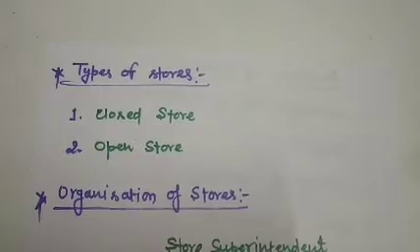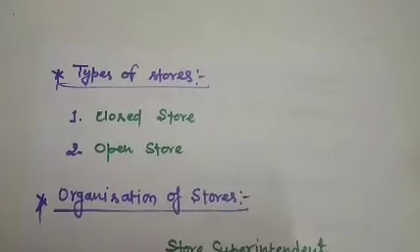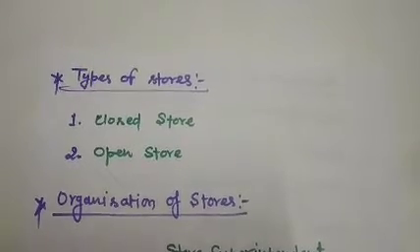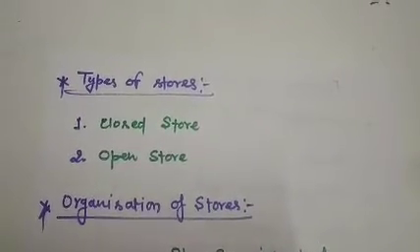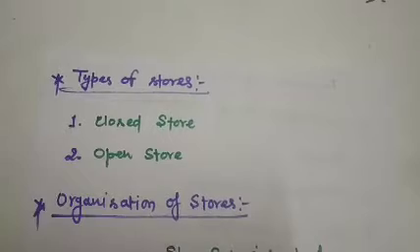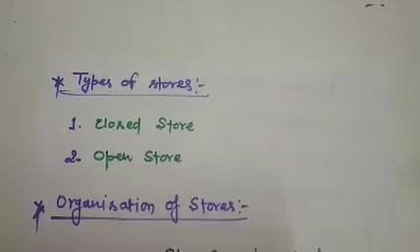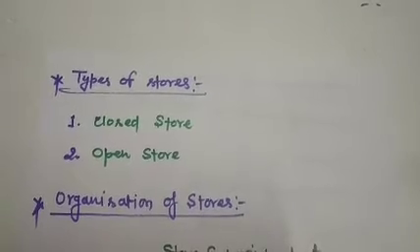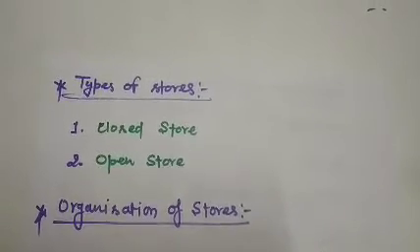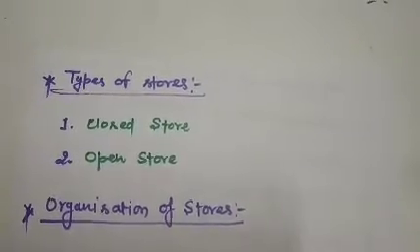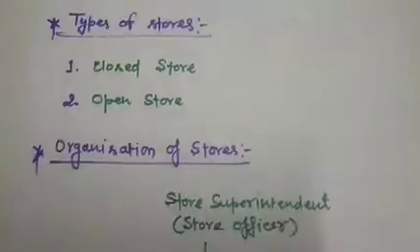Chances of damages or pilferages are high, right? And this type of stores are justifiable in fast-moving production where consumption is very high. For example, iron ore industries, coke, limestone, sand, bricks industries, right? These open type of stores are used, right?